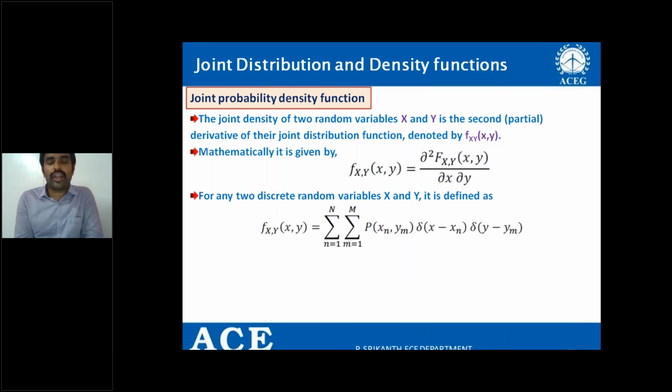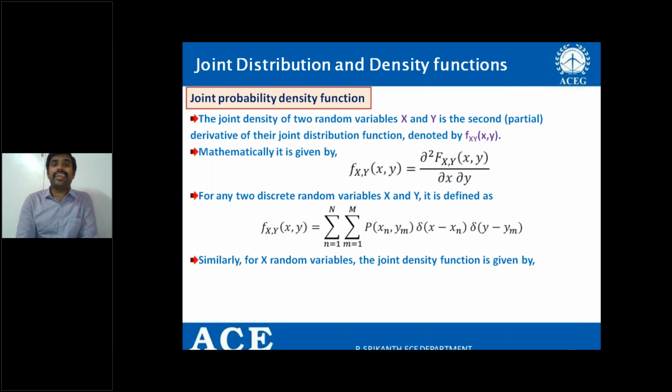Since we have two random variables, the density function f x comma y of x comma y equals summation n equal to 1 to N, summation m equal to 1 to M, p of x n comma y m, delta of x minus x n into delta of y minus y m, right? So it is nothing but the joint density function.